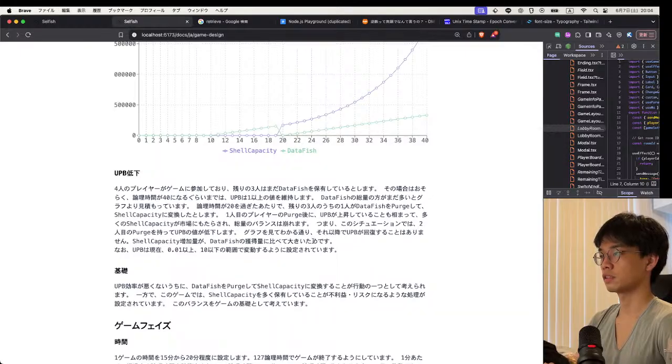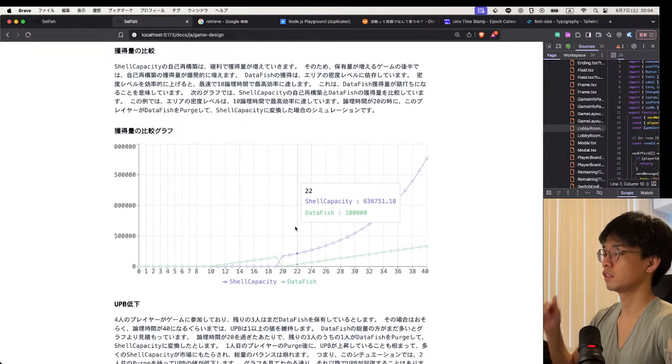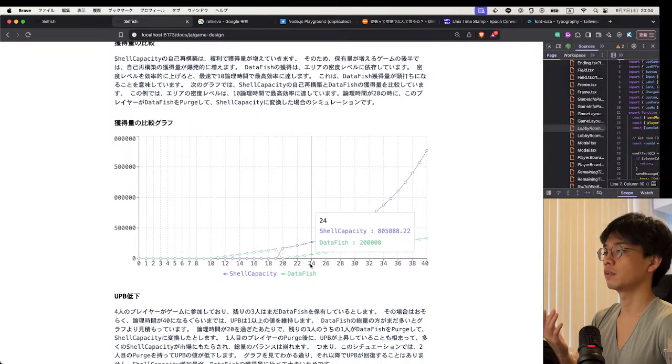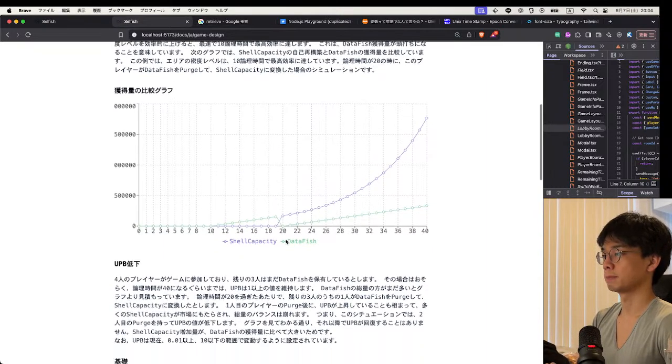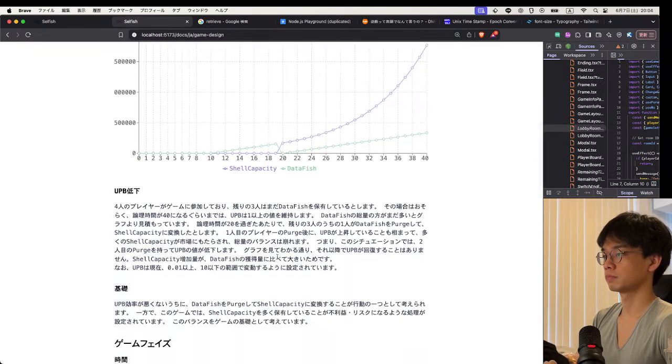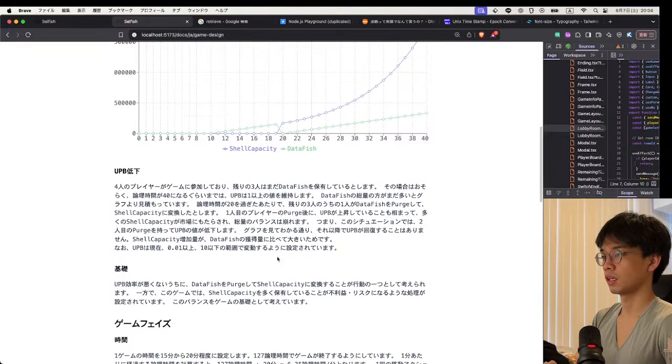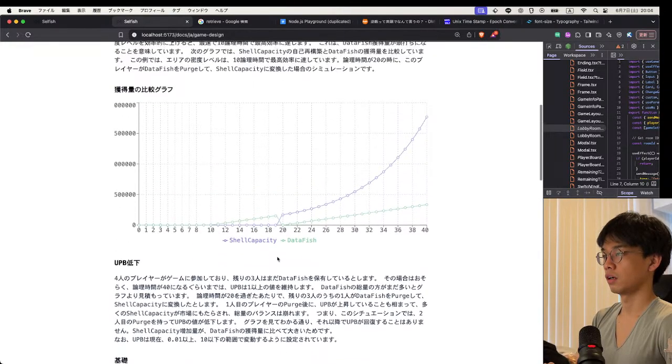The thing is, UPB keeps going down and it never goes up, because shell capacity is so large.